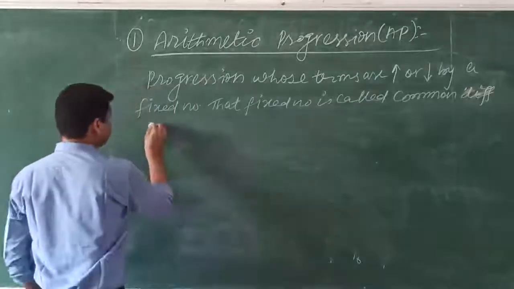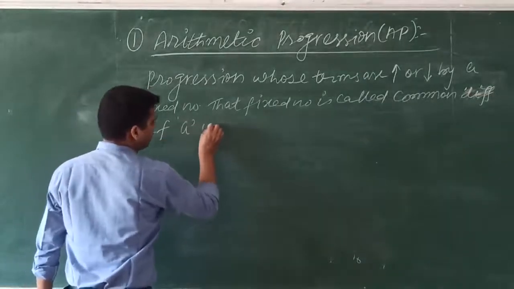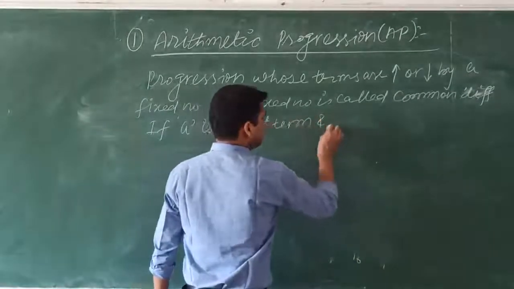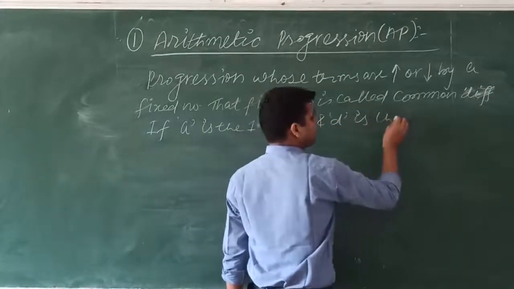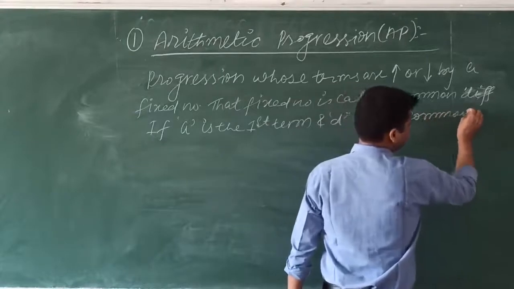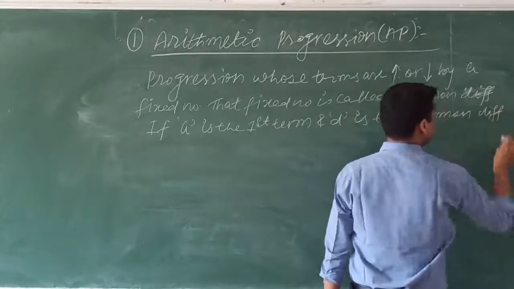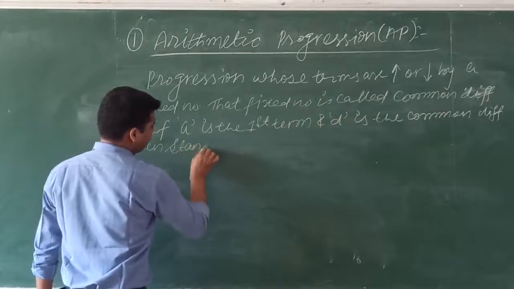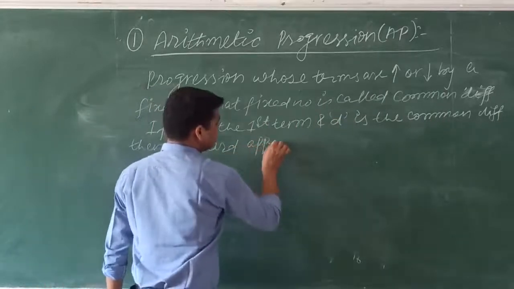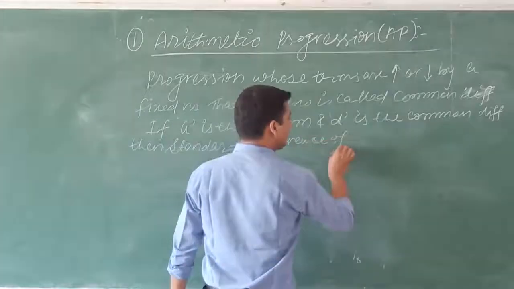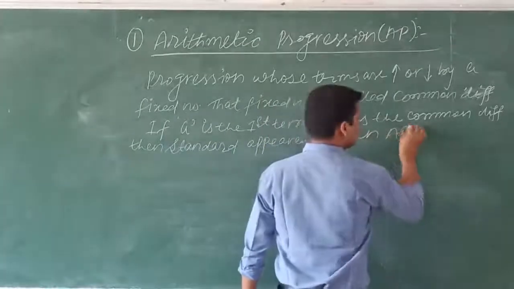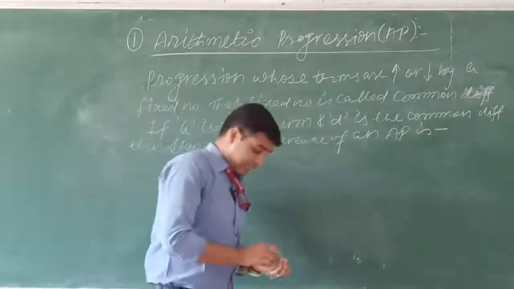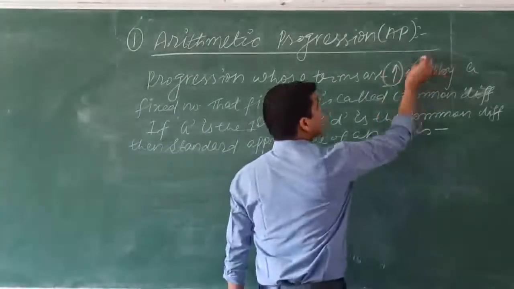Okay, and if A is the first term and D is the common difference, then a standard appearance of an AP is what is called an arithmetic progression, whose terms are increased or decreased by a fixed number.